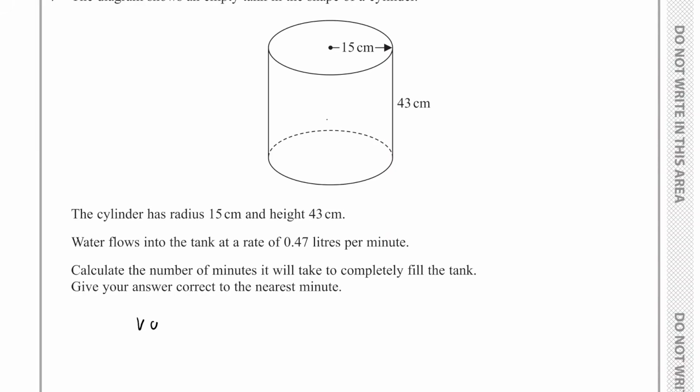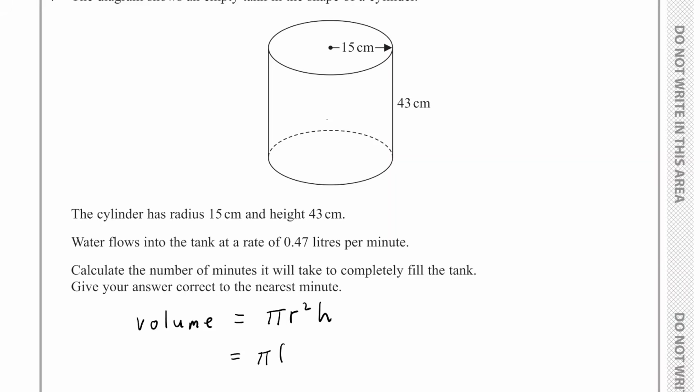So the volume of a cylinder is the area of the base, the area of the cross section, which is pi r squared, the area of a circle, times the height. So the volume is pi r squared h.